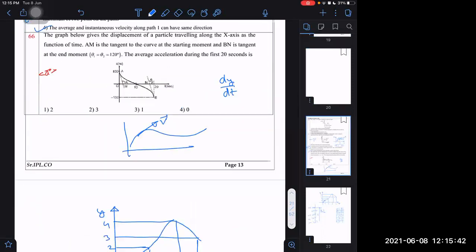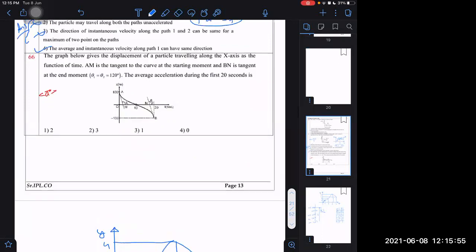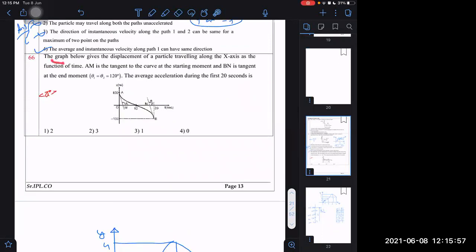Question number 66. The graph below gives the displacement of the particle along x-axis as a function of time. AM is the tangent to the curve at the starting moment.